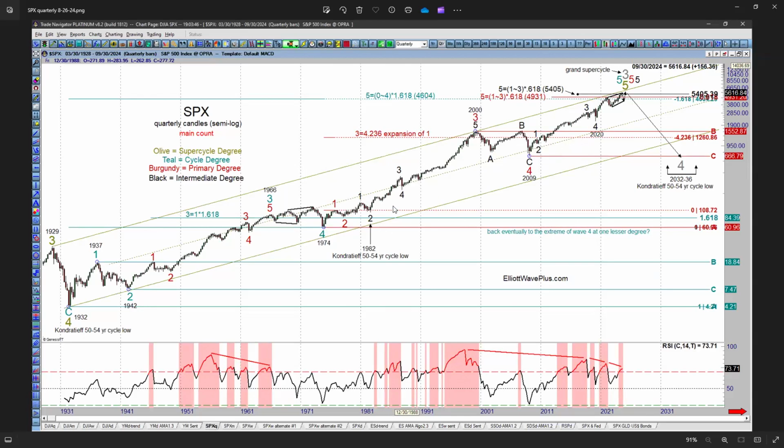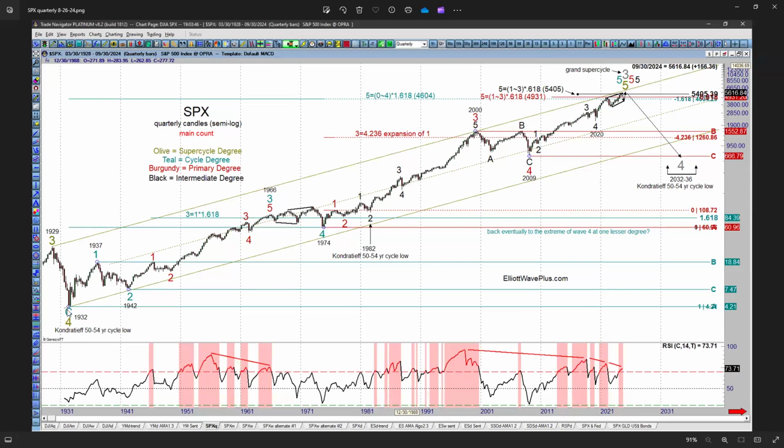Now, the best target for the end of an extended fifth wave would have occurred at 4604. That is where wave 5 at cycle degree would have reached, and did reach, basically a 1.618 expansion off of the top of wave 4.